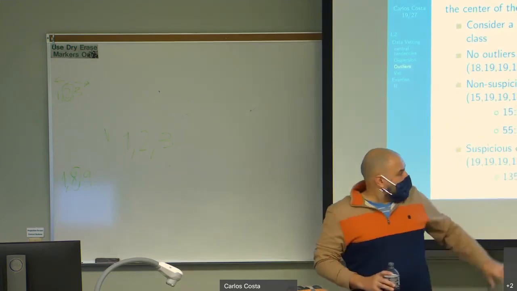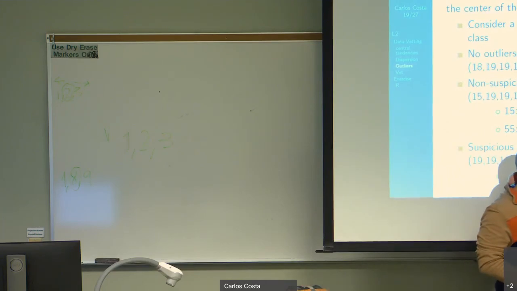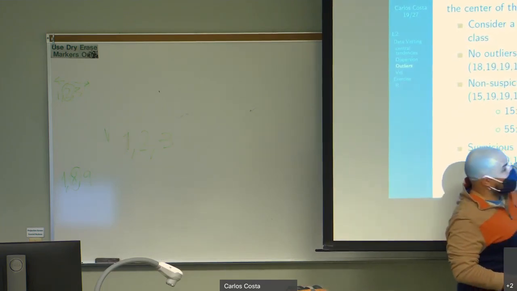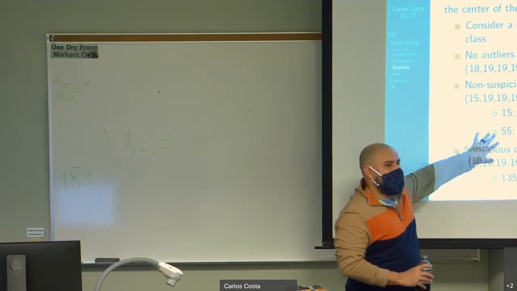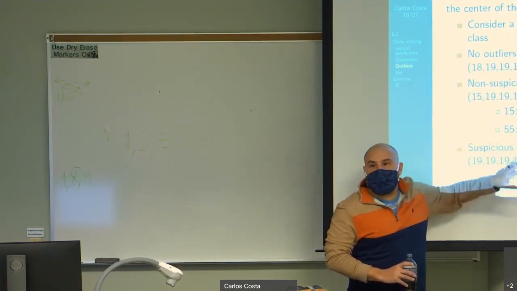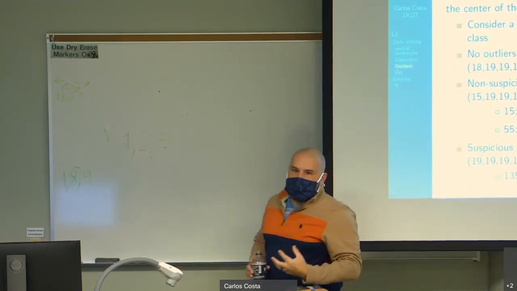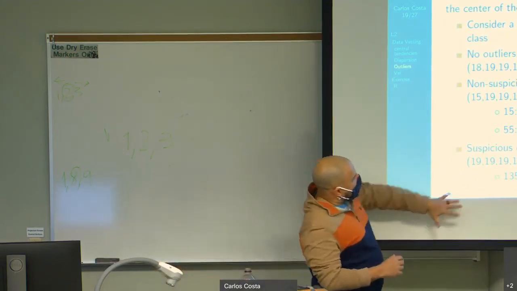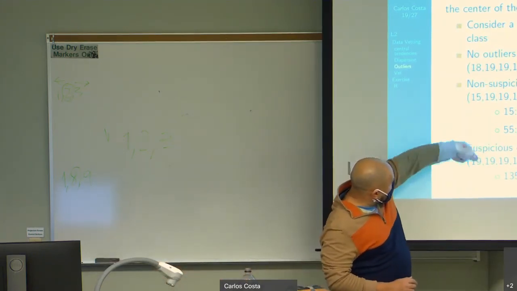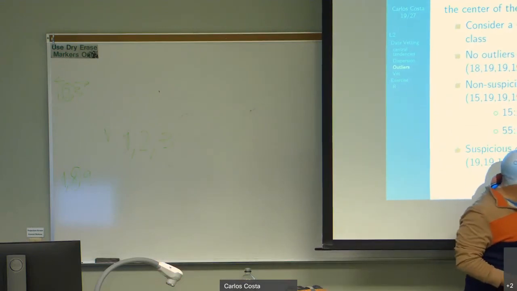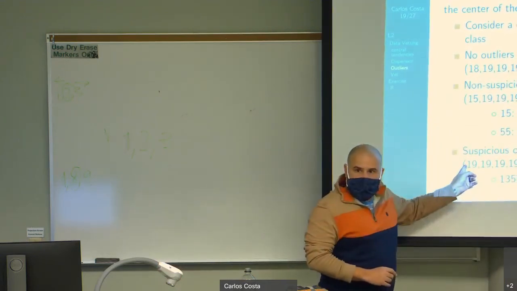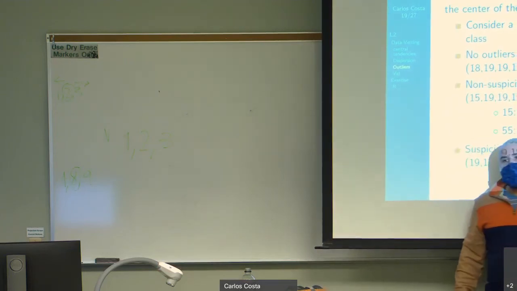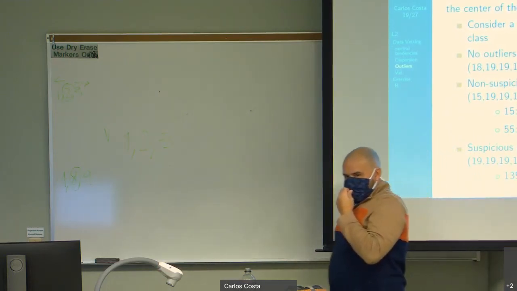You delete this, you lose nothing, because how many of you have ever met a 135-year-old? So this is the part where you again have to exercise your social science awareness. If you have a data set that looks like a combination of these, meaning in addition to this 135, there's a 55 and a 15, then you keep the 15, you keep the 55, and you delete the 135. Make sense?